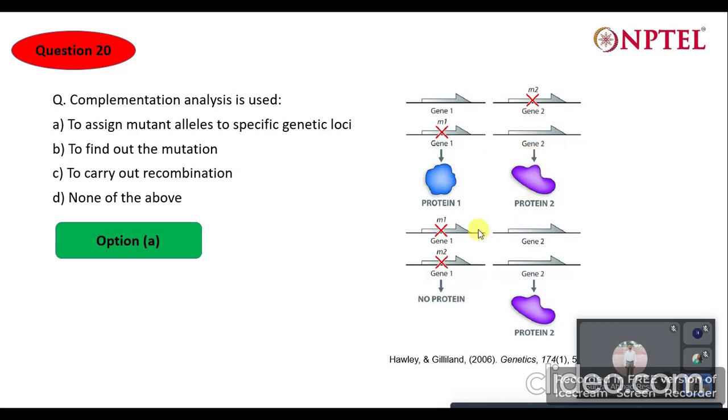And if there is a mutation in the single gene, like in this case, the protein will not be produced. That means it doesn't complement the wild type. So this is basically the complementation analysis.